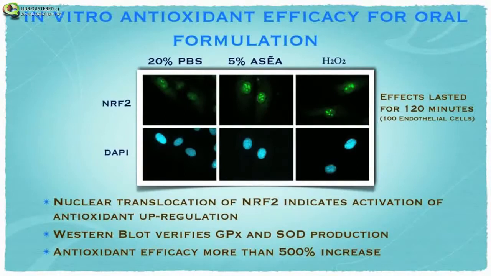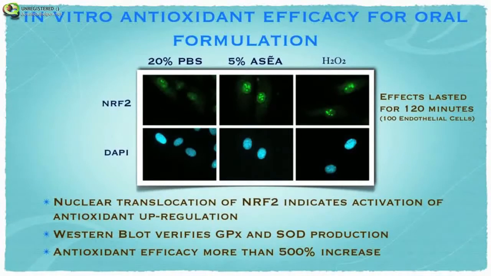And the cells exposed to ASEA showed an improvement in the capacity or function of glutathione and superoxide dismutase to protect themselves in the order of 500%. This is unprecedented, never been seen before, and that by itself was amazing. But in addition, it was determined that there was also an upregulation in the production of these powerful antioxidants.